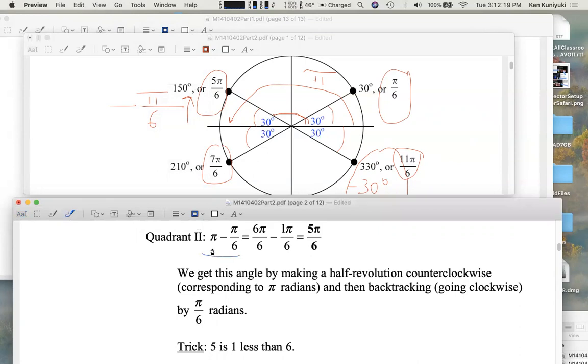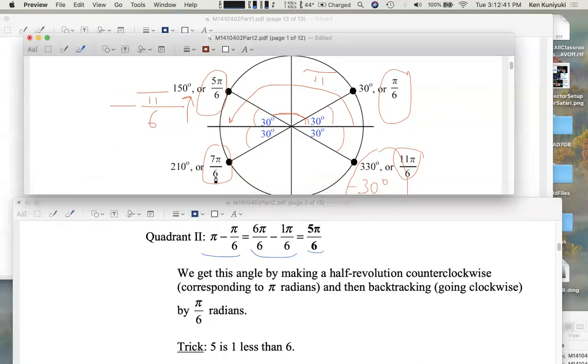We want a common denominator. Pi is 1 pi. 1 pi is 6/6 pi. What is 6/6 pi minus 1/6 pi, which is what this basically says? It's 5/6 pi, or 5 pi over 6. The shortcut? 5 is 1 less than 6, because it follows this algebra.